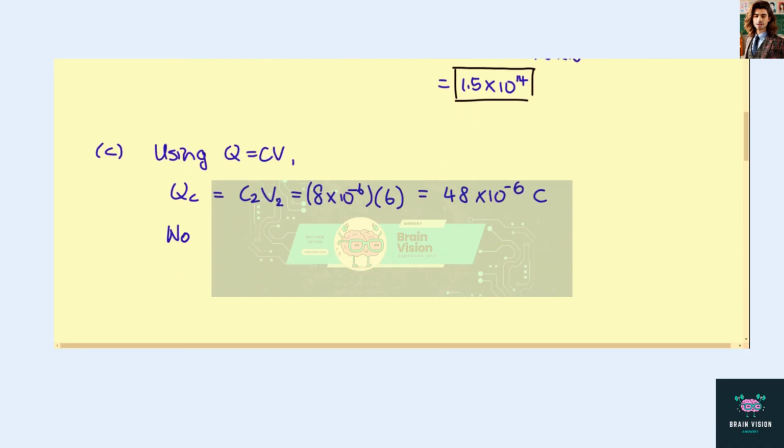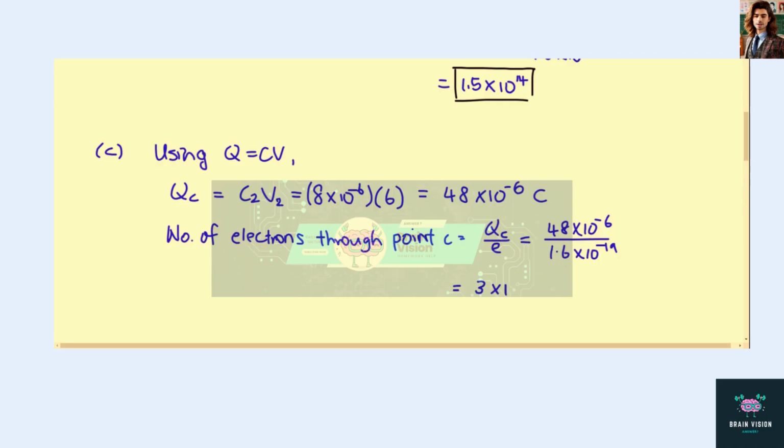The number of electrons through point C is QC divided by e, 48 times 10 to the negative 6 divided by 1.6 times 10 to the negative 19. This is 3 times 10 to the 14 electrons.